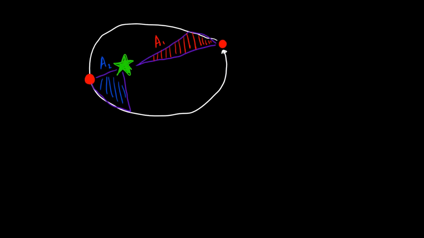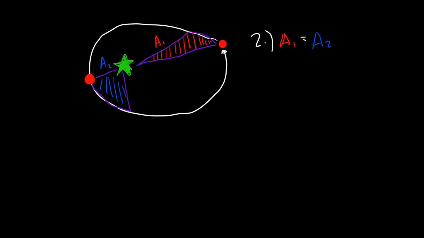And what Kepler's second law simply states is that A1 is equal to A2. So in words, this just means that if I allow this line to sweep out some area in some time, no matter where the planet is in the orbit, as long as I look at the same time interval, that area is always going to be the same.